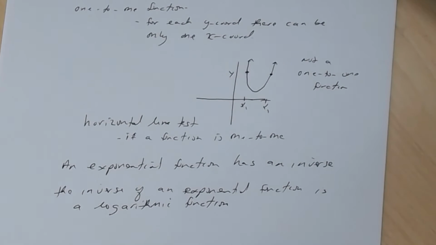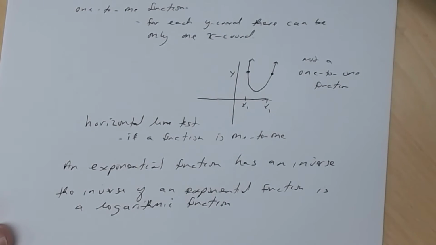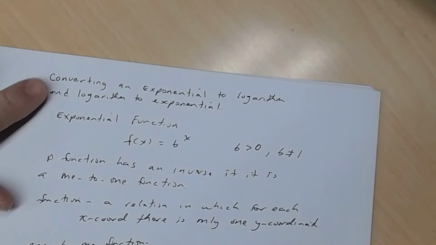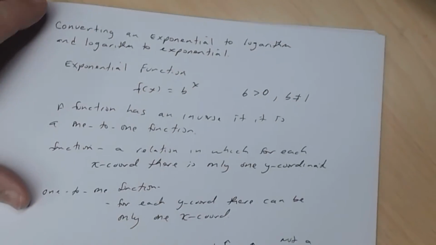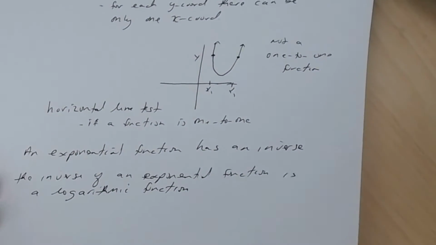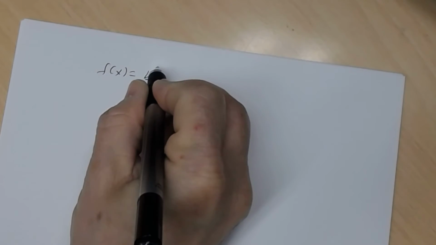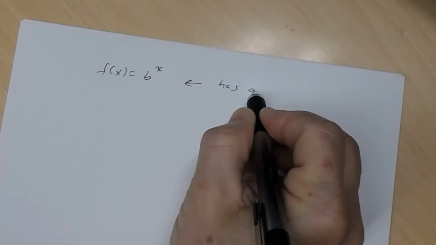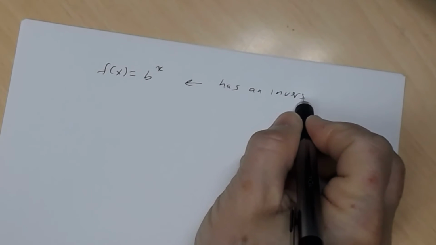Now before we can get to this point here, which is what I really want to talk about for this lesson, we need to talk about the definition of a log function. We know that an exponential function has an inverse, and we want to find it.